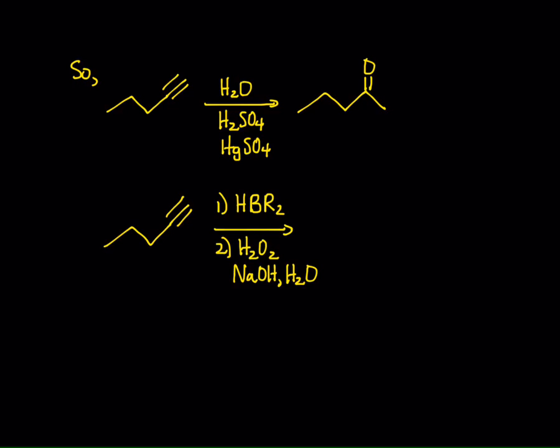So the mechanism is the same as we saw in the oxidation of the alkylboranes when we hydroborated alkenes. So now the product is an aldehyde, right? The carbonyl is now on carbon number 1. And since carbon number 1 has a hydrogen on it, we're going to get an aldehyde.